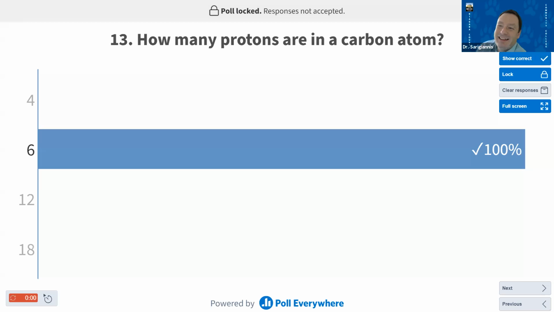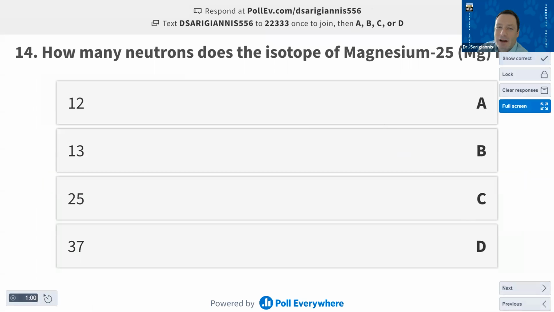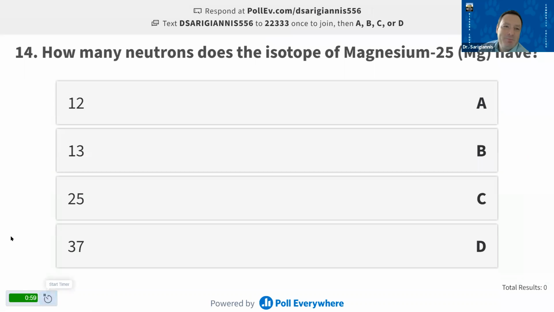That is correct. All right, we'll write that down. I'll show you the next one. How many neutrons does the isotope of magnesium-25 have? Oh, that's interesting. I wrote it differently than on the paper. If you notice on your paper, it's written Mg with the 25 and the 12. I think at the time I didn't know how to write the superscripts, but now I do.